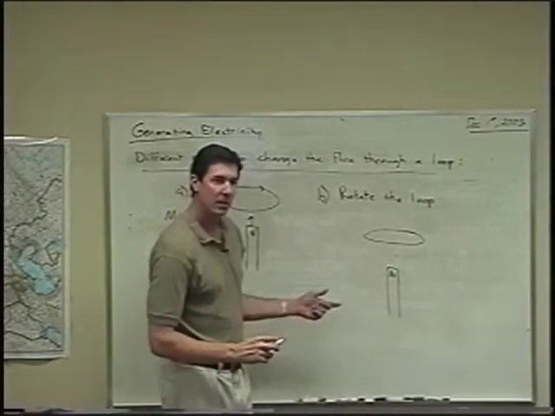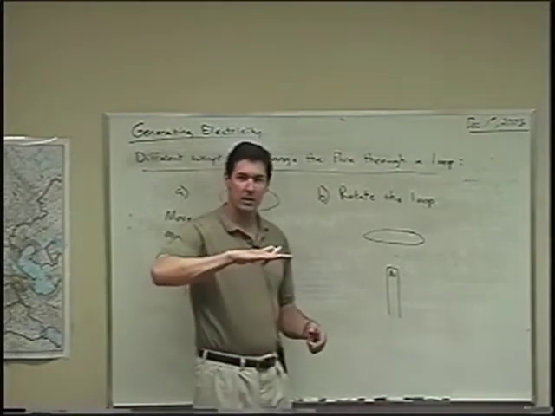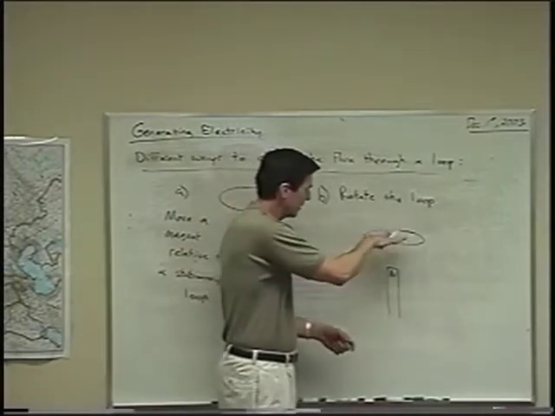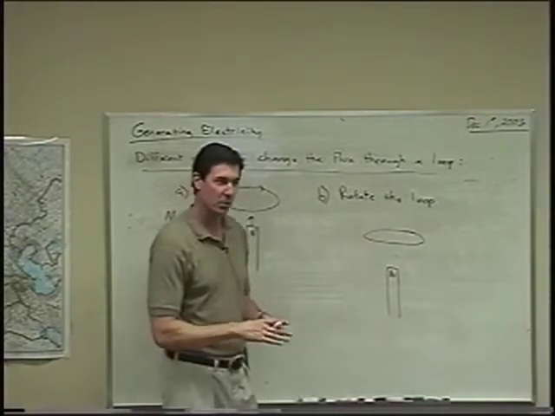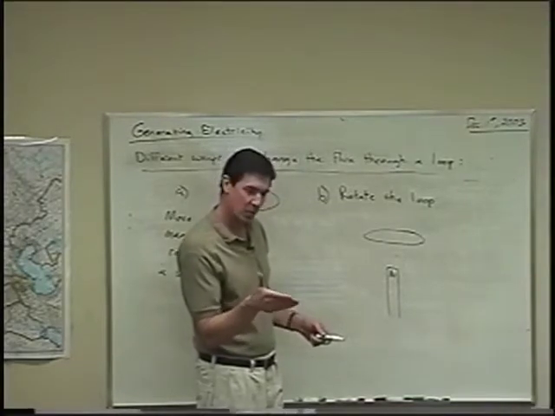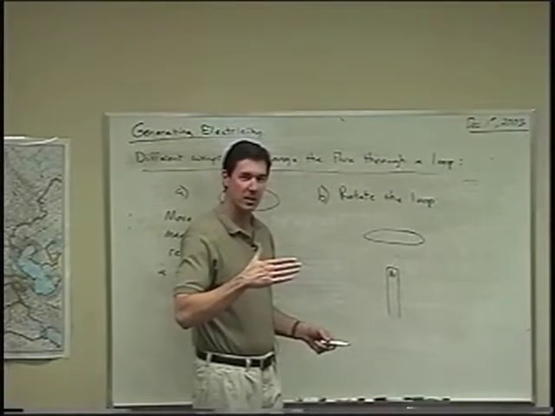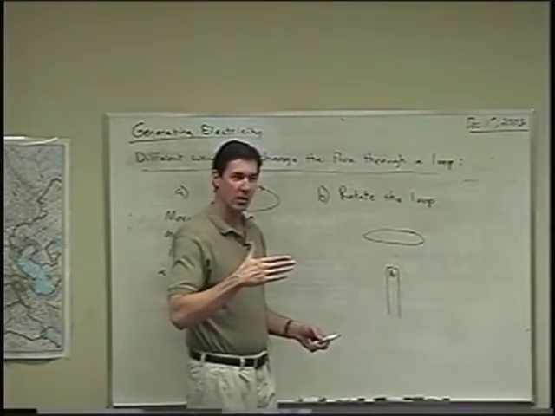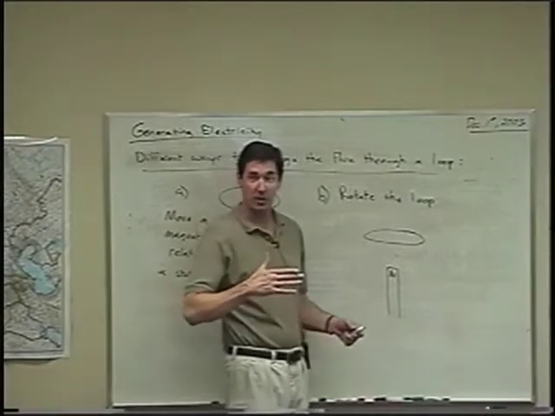Now we start out with a case where the loop is flat and there's a maximum amount of flux going through the loop. Now let's say we turn the loop sideways. It's vertical, right? So there's no more flux going through it.